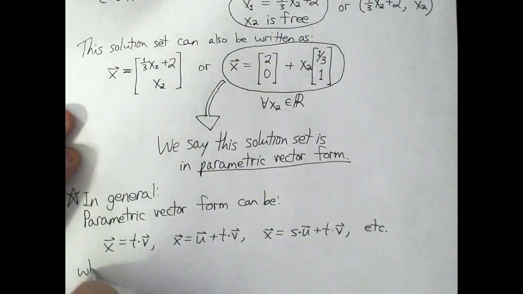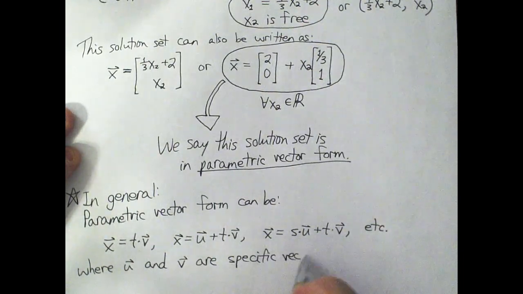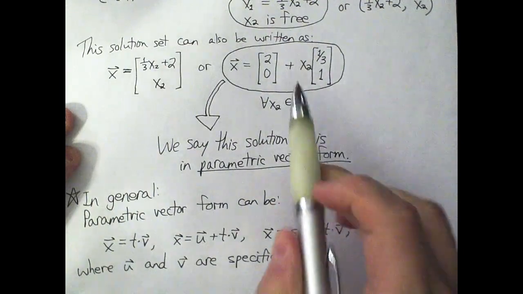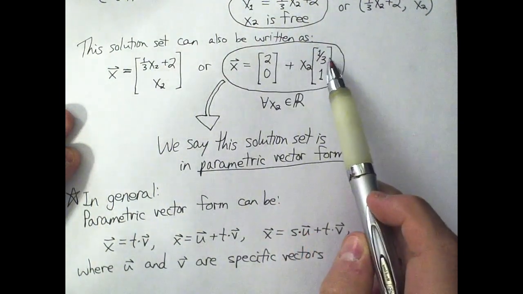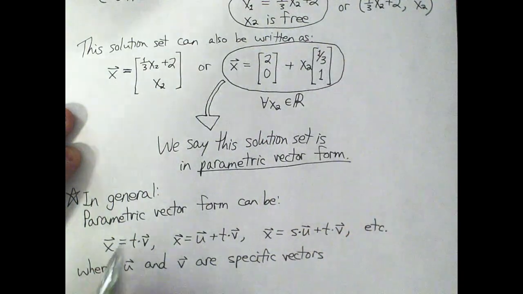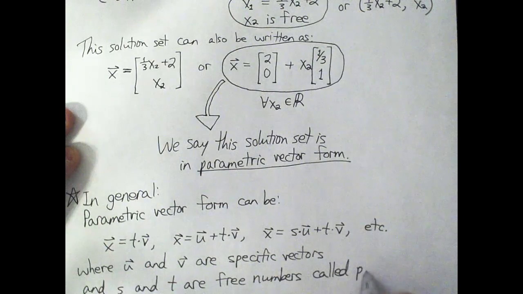I'll say where u and v are specific vectors, like above: the specific vector 2, 0, and the specific vector 1/3, 1. And s and t are free numbers, sometimes called parameters.